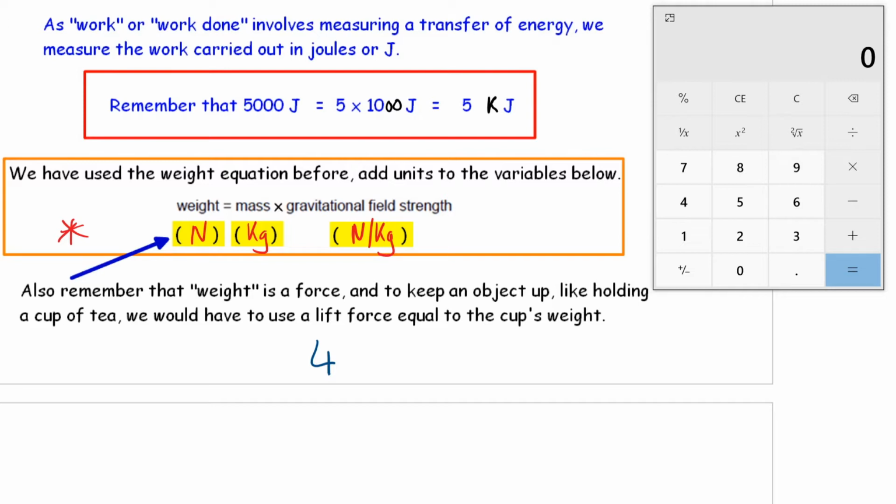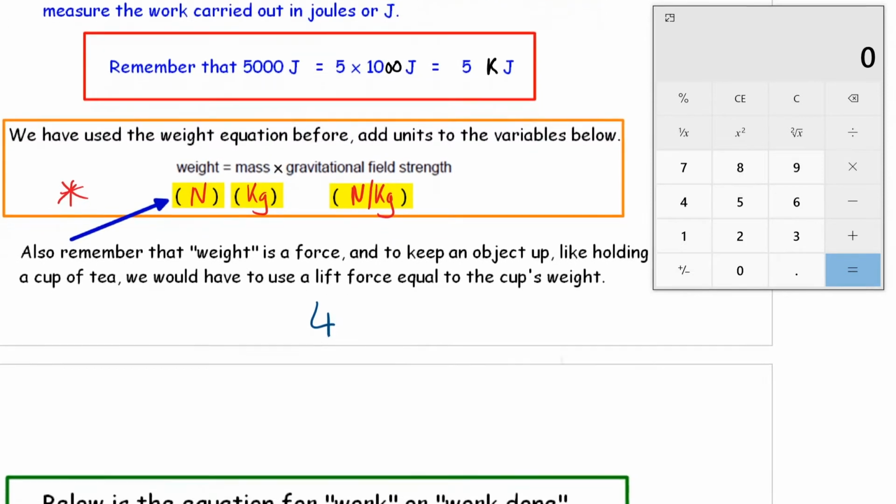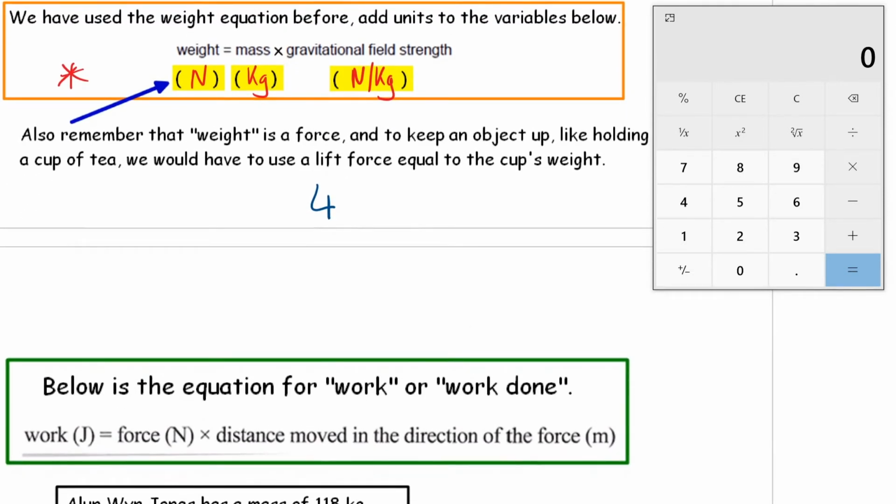Also remember that weight is a force, and to keep an object up, like holding a cup of tea, we would have to use a lift force equal to the cup's weight. So if I did a quick drawing of a cup, you hold the cup, so the force that your hand is applying is effectively that way.